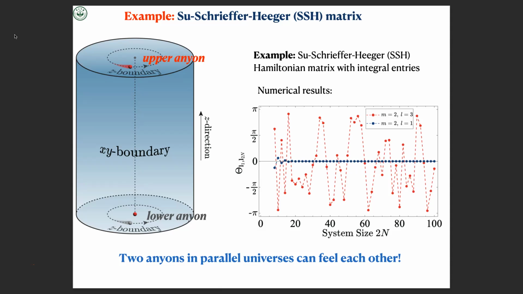Maybe when you have some spatial n, this theta accidentally is 0. That's fine, but once you increase it a little bit, it will become non-zero, right? This is a feature of this non-trivial Toeplitz braiding between upper angle and lower angle. Just to make sure, for the upper angle, the L vector is 1, 0, 0, 0, and for the lower angle, it's 0, 0, 1.